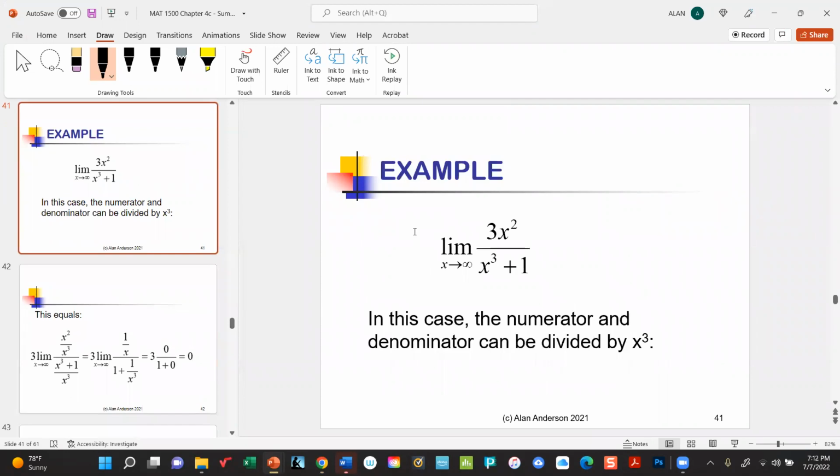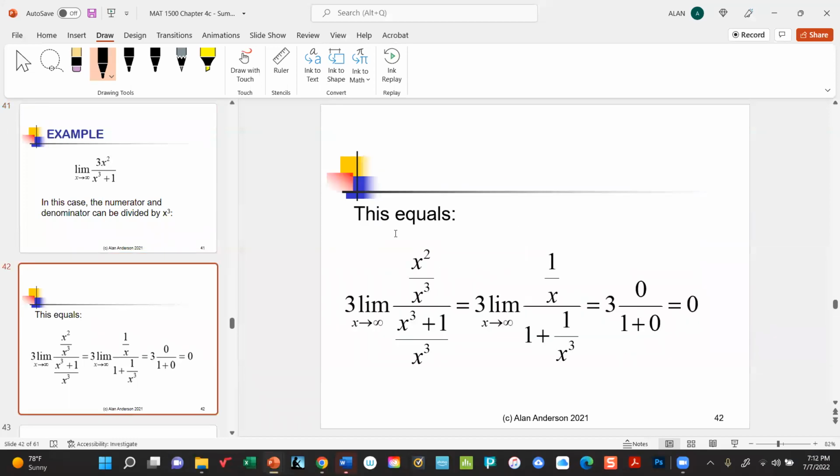And then what about this one? Oh, all right. So this time, because we have x cubed in the denominator, let's go ahead and try to divide everything by x cubed and see what happens. By the way, before we even do that, just note that we could have directly substituted, but let's just do the division. Dividing by x cubed means we're going to wind up with 1 over x in the numerator.